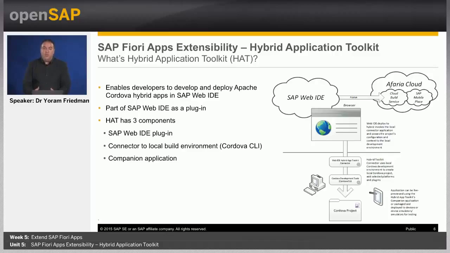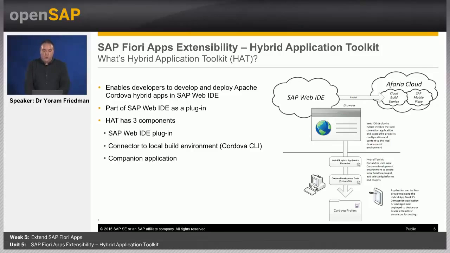But in order to use them from the Web IDE, I need a way to connect the Web IDE with those APIs that I have on-premise on my computer. So the Hybrid Application Toolkit provides a connector to my local build environment. It provides a plugin for the Web IDE that guides me through the process of developing a hybrid application. And it also provides a companion Cordova application that I can use to test what I'm creating.